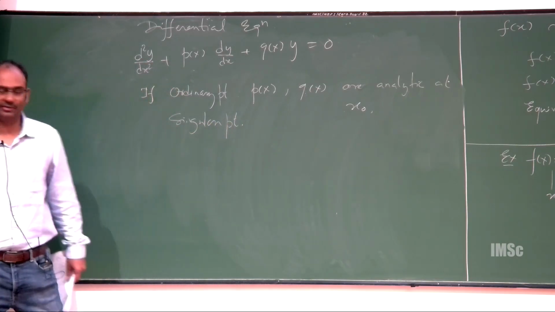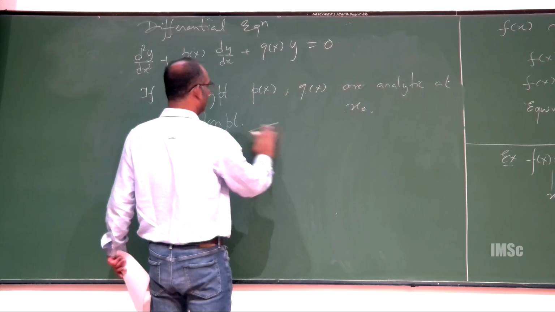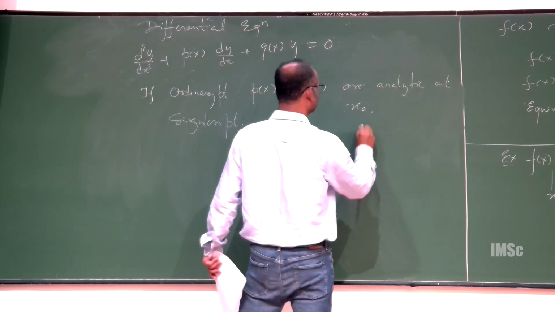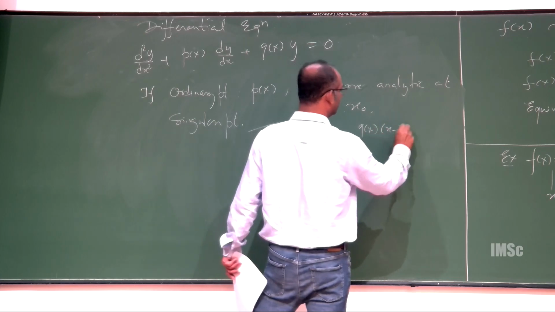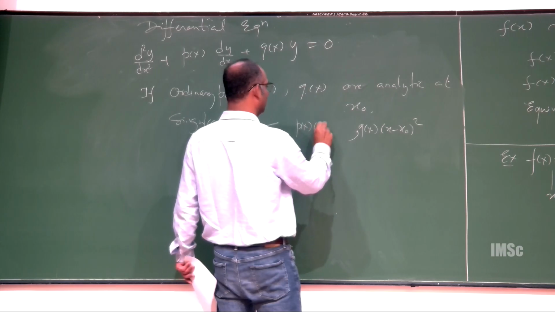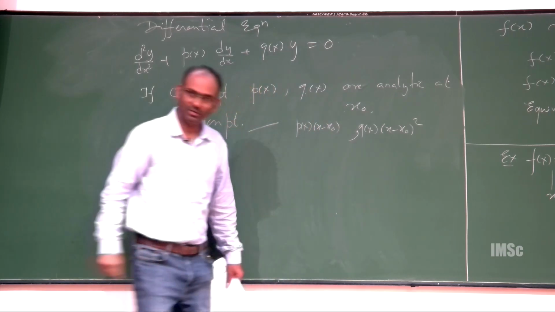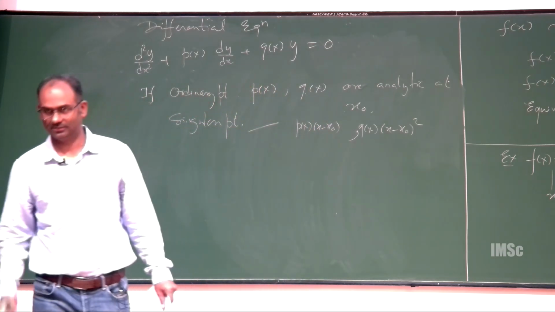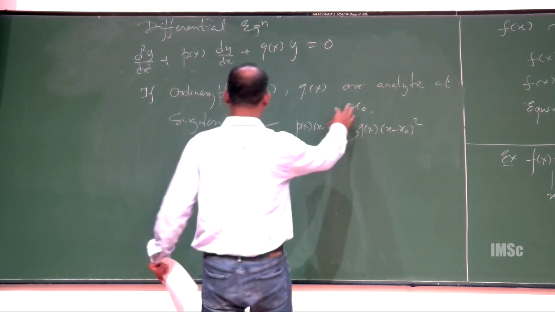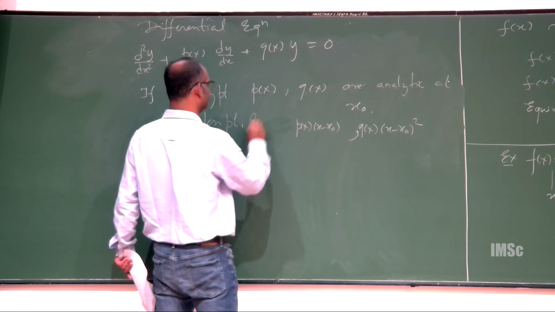If Q(x) times (x minus x naught) square and P(x) times (x minus x naught) are both analytic functions at x naught, then you say this point x naught is a regular singular point.